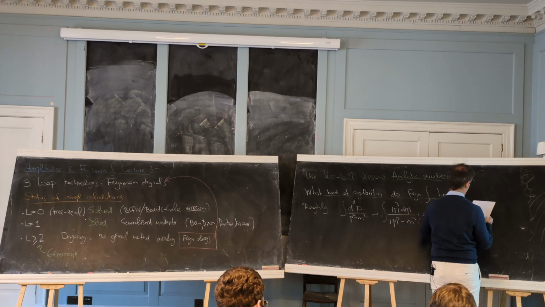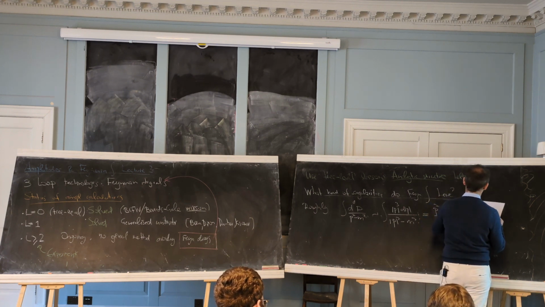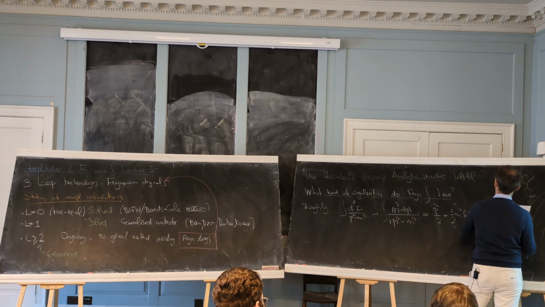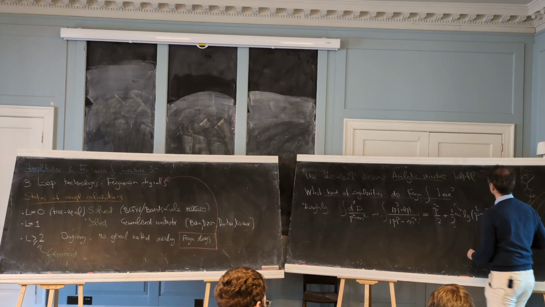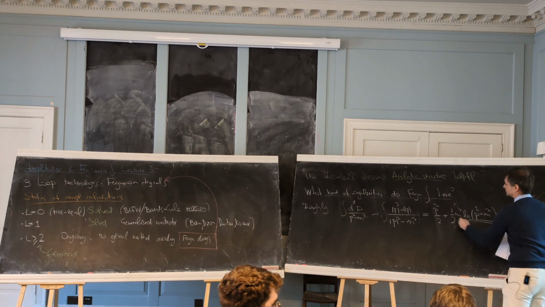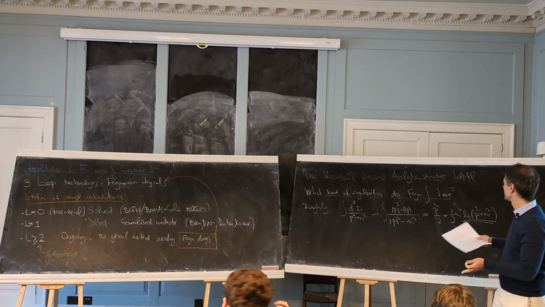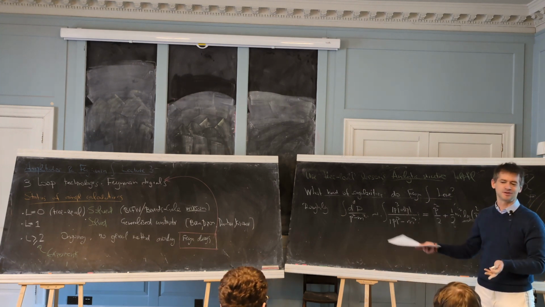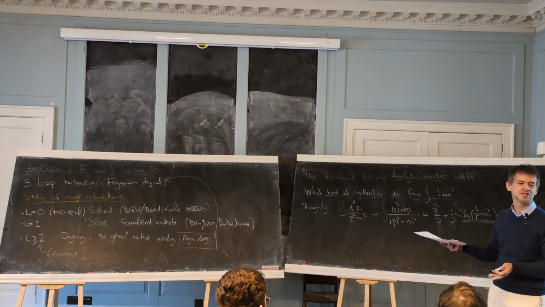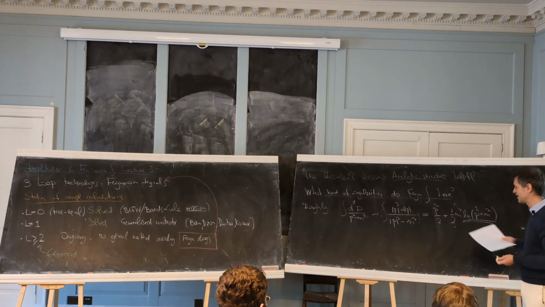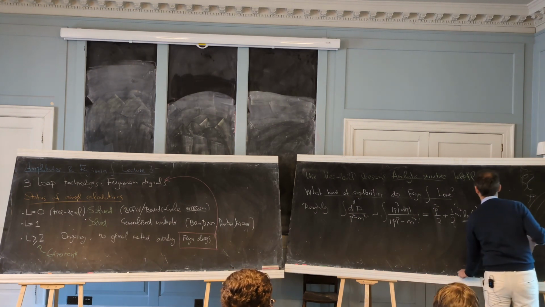The point is that we have the propagator, 1 over x, which has poles, and then you integrate over x, and you will inevitably get some logarithmic singularities. Exactly.